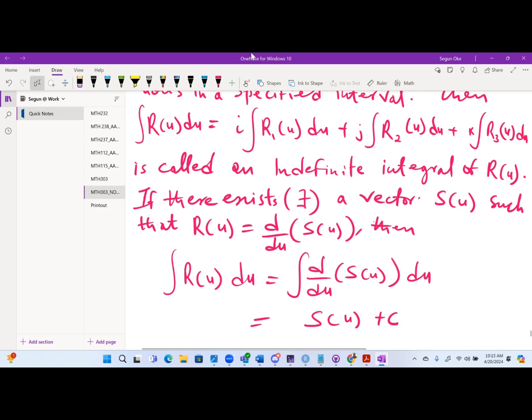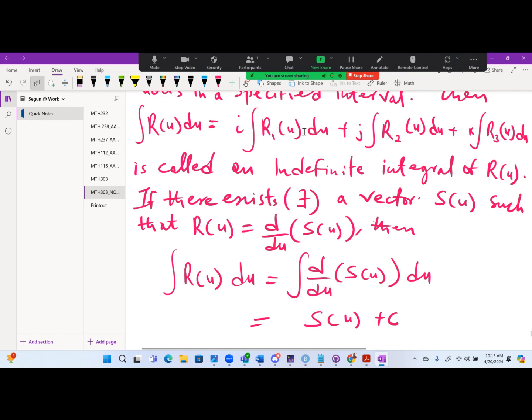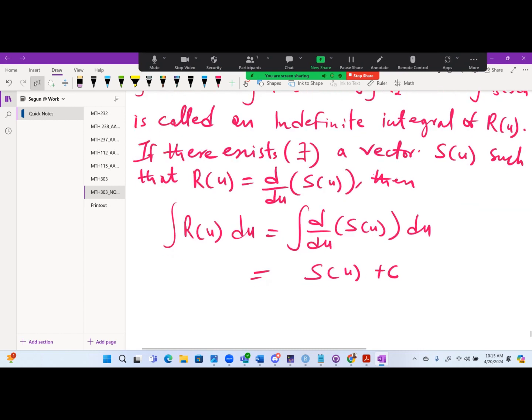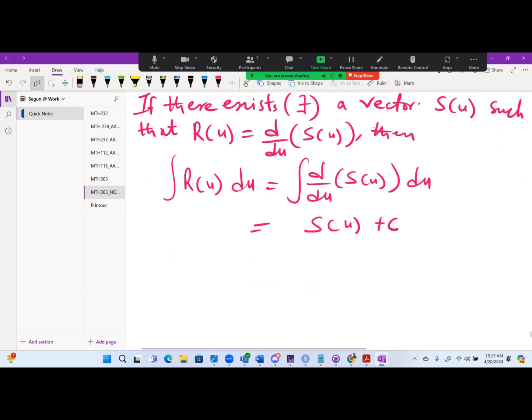You remember, anytime you work on integration, you add arbitrary constants to it, where c is your arbitrary constant factor independent of u.